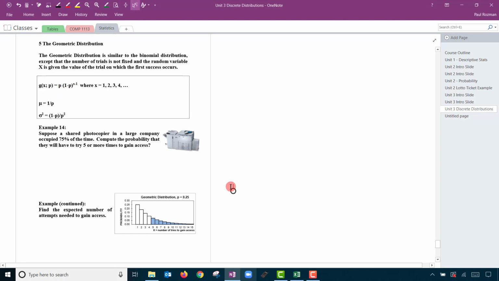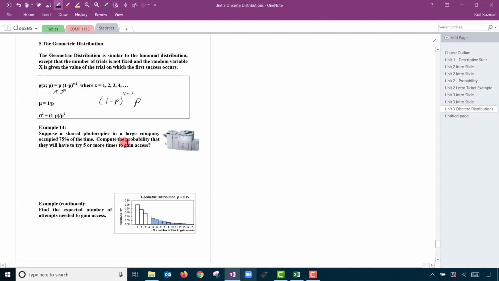I almost wish it were written that these two terms were swapped around, that it were 1 minus p raised to a whole bunch of failures, and then you succeed. 1 minus p is the probability of failure, and you fail a whole bunch of times, and then finally you succeed. Your mean is just the rate, 1 over p, and your variance is 1 minus p over p squared.